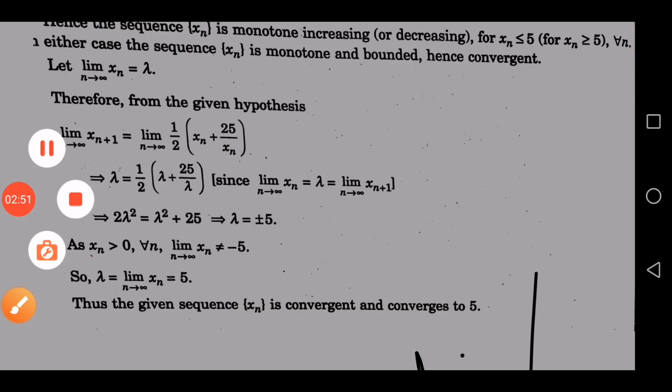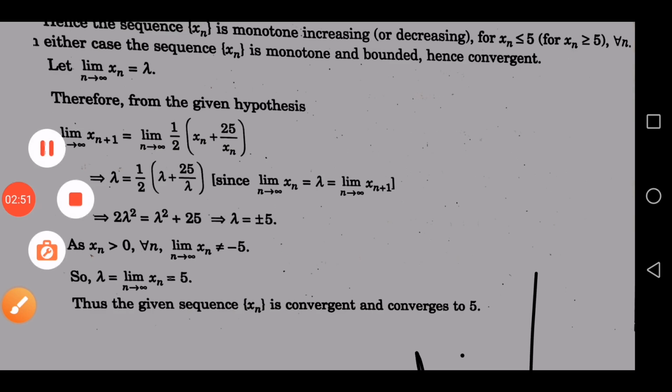After cancellation, n factorial cube and n plus 1 factorial cube will get cancelled, and we will get three similar factors n plus 1 in the denominator, and here also 3n plus 3 factorial and 3n factorial.